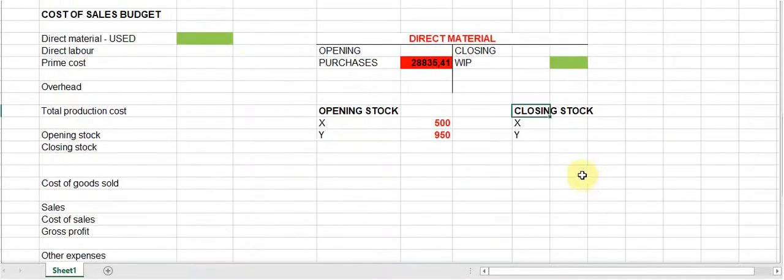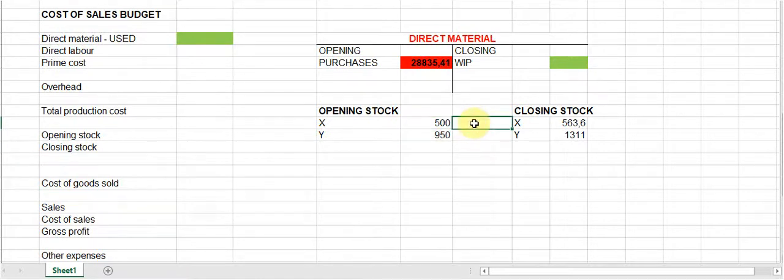So I'm just putting that in. So it is 563,6, and for the Y it was 1311.